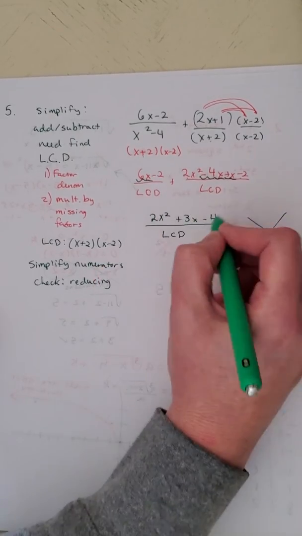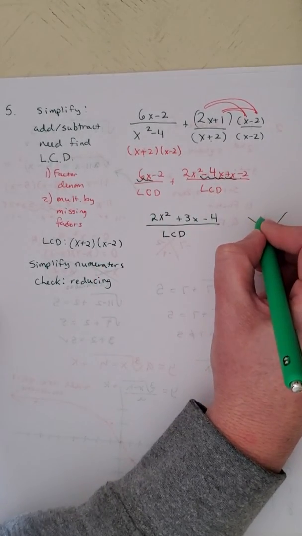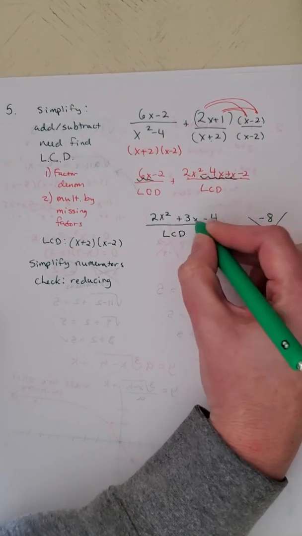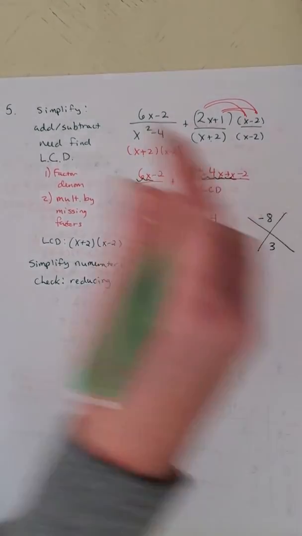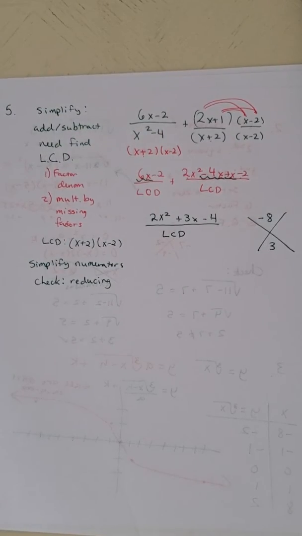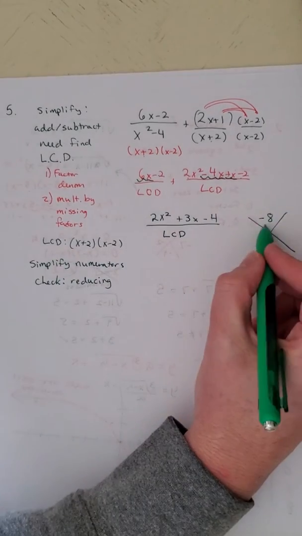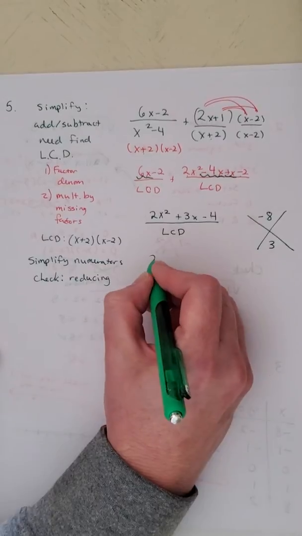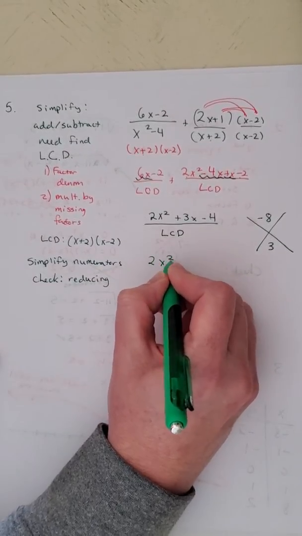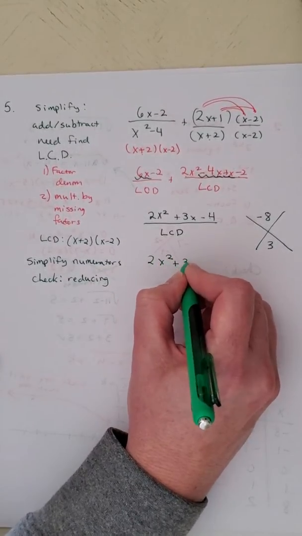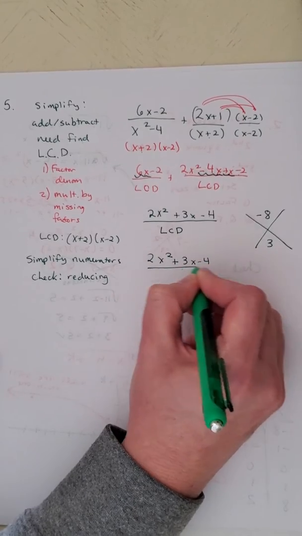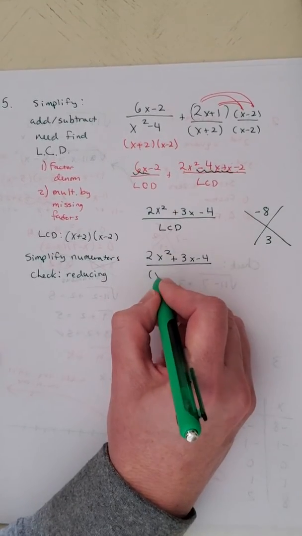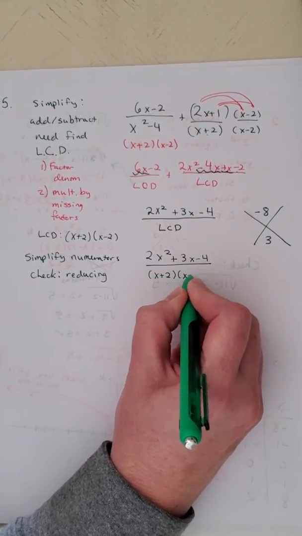Normally a is 1, so it's just c. But we have to multiply to negative 8 and add to 3. And so we have to decide if there's anything that does that. There's nothing that multiplies to negative 8 and adds to 3. So this is done. 2x squared plus 3x minus 4 over our LCD of x plus 2, x minus 2.